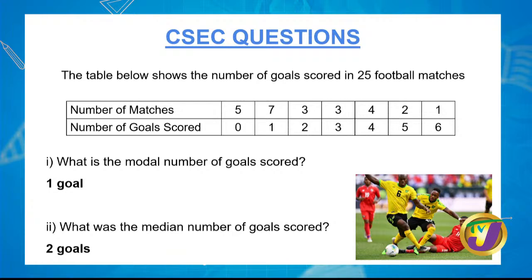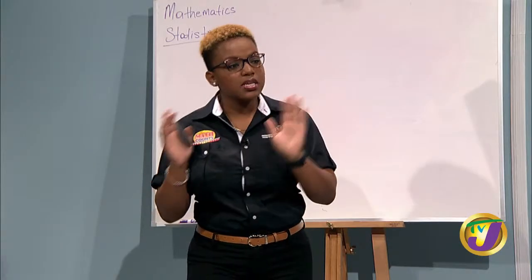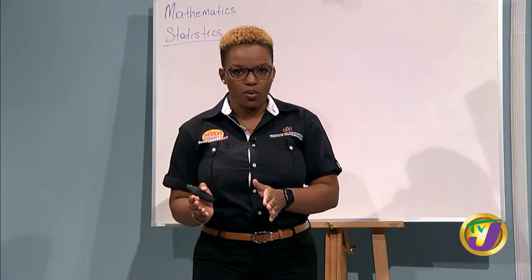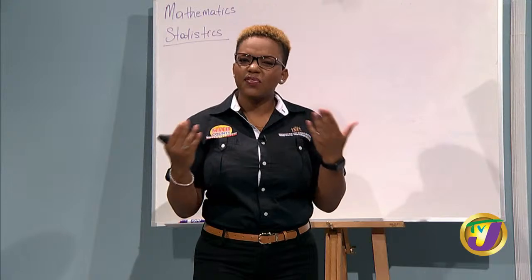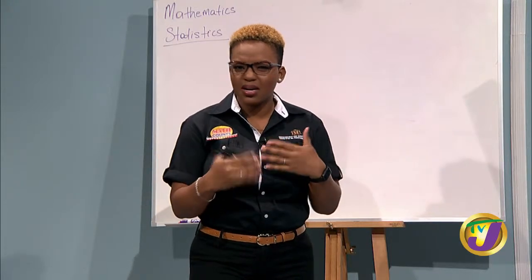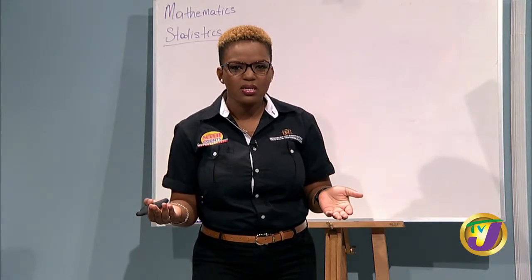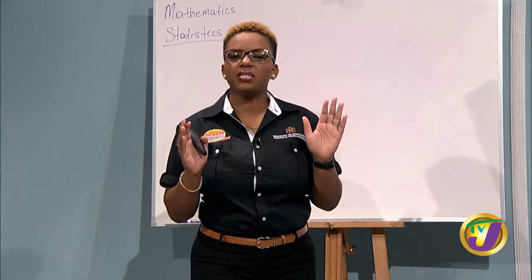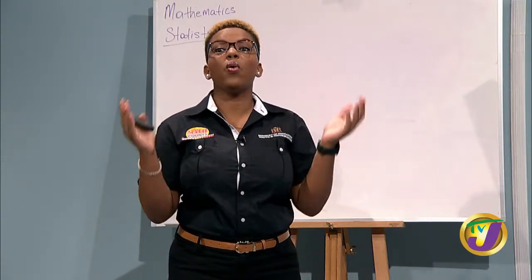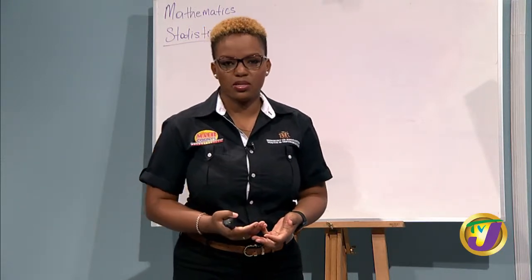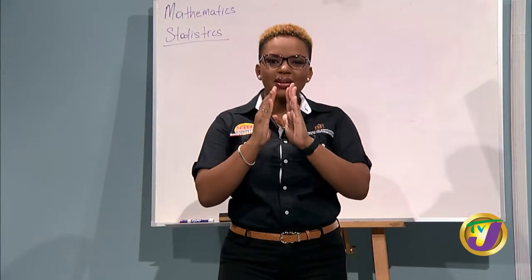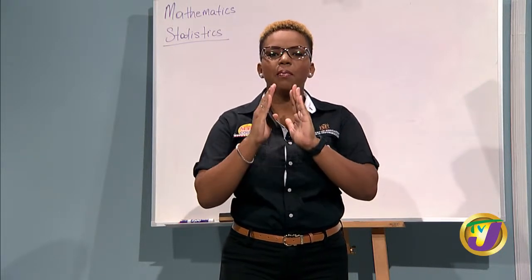So just to repeat if you're feeling a little bit confused. You can find the median by writing out the values in ascending or descending order, but that's if you have a small number of values. You don't want to take all the time writing out all the values. If you already have a frequency table and your data is already organized, you're going to find the middle position for your median.